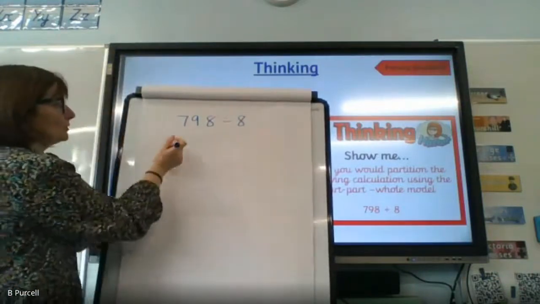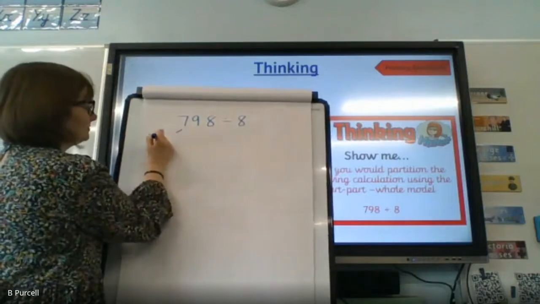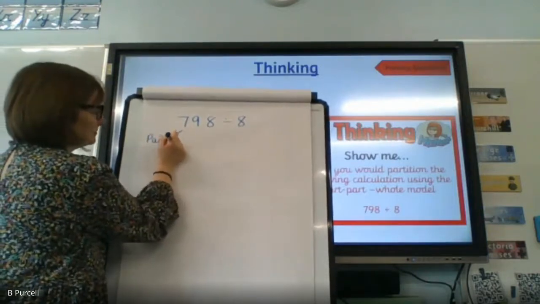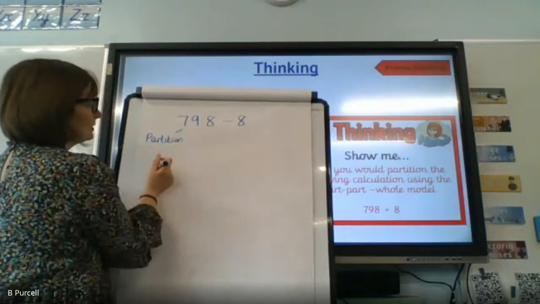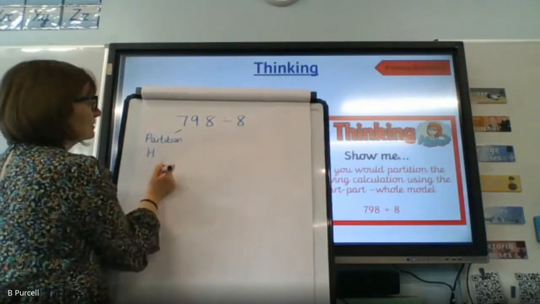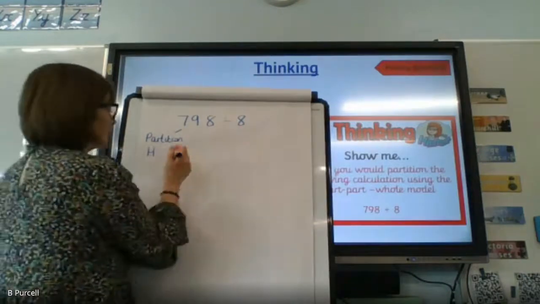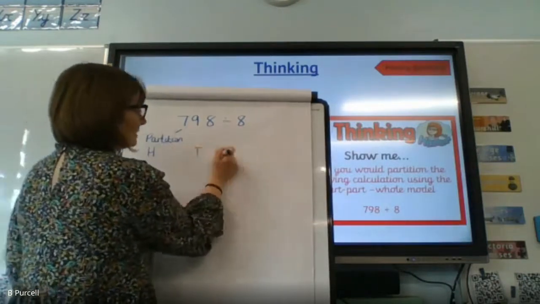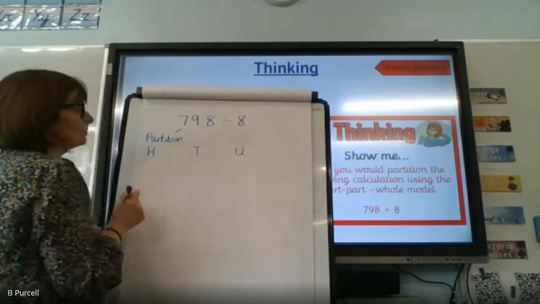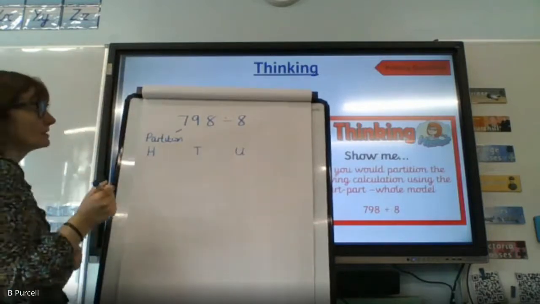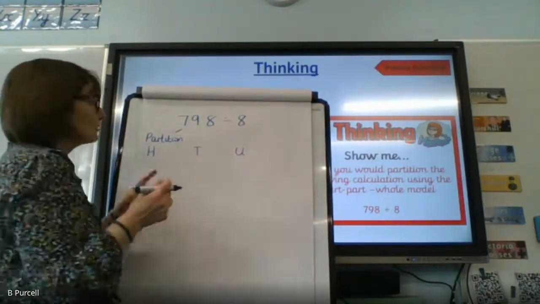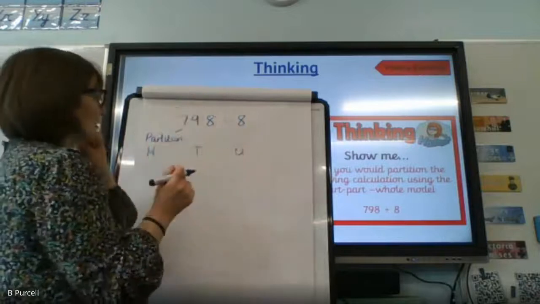So first of all, you've got to partition 798 into hundreds, into your tens and into your units. So what is 798 partitioned? If you took it apart, what would you have?